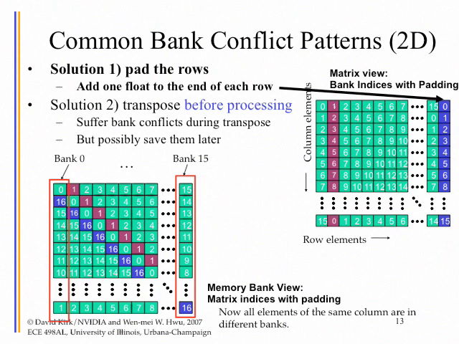In fact, this is not a very good picture, because what I should have shown is that there will be a 16 here, and then you will start the next row. So even though you're still accessing the same element of the row, because of that extra element in each row, you will end up in a different physical location for every element in that same column. You're going to see a tilt in the picture. So remind me to update that picture.